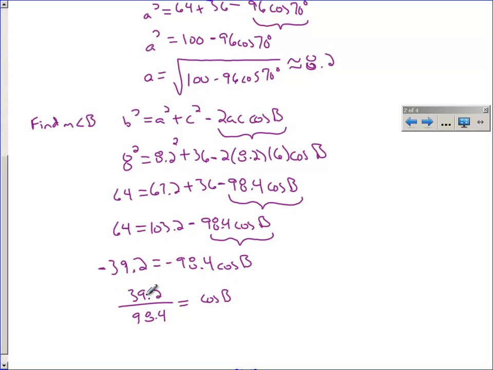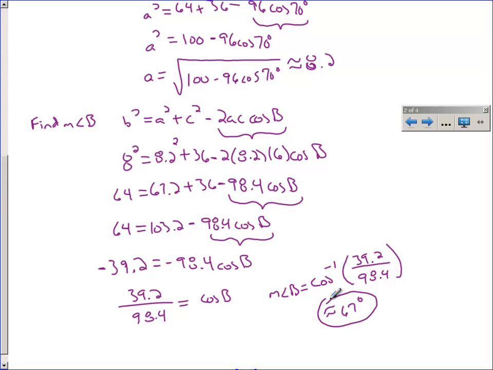I'm going to arc cosine both sides. So the measure of angle B is going to be the arc cosine of 39.2 over 98.4, and that works out to be about 67 degrees.